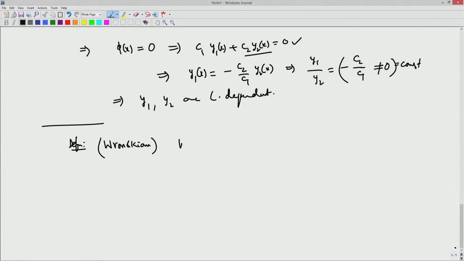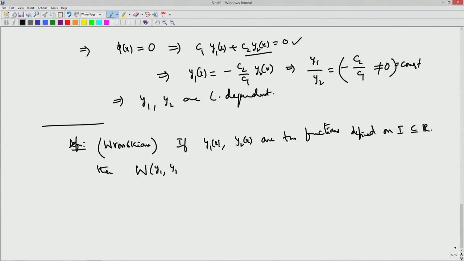So if y1(x), y2(x) are two functions defined on I, which is in R, then the Wronskian of y1, y2 at x is defined as the determinant with first row y1(x), y2(x), and second row y1 dash (x) and y2 dash (x).